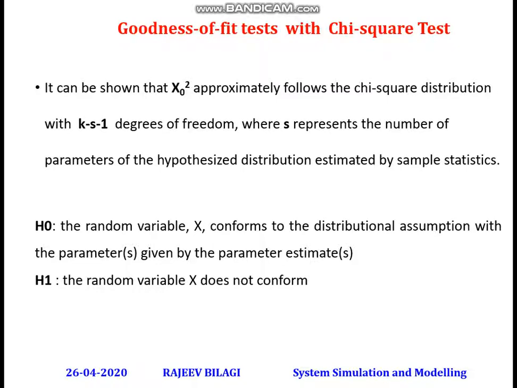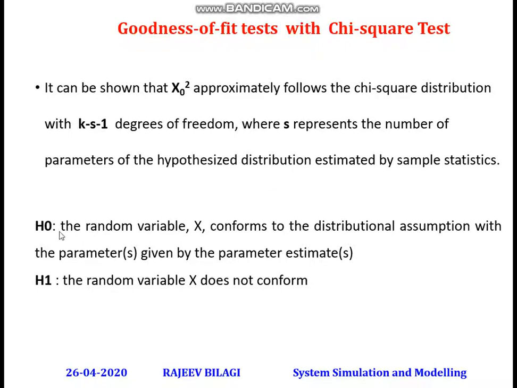For the normal distribution, in the previous table I showed that there are two parameter estimators, sigma square and mu, so s is equal to 2. If you are using the exponential distribution, s is only 1. For Poisson's distribution, that is also 1. You have to remember that.